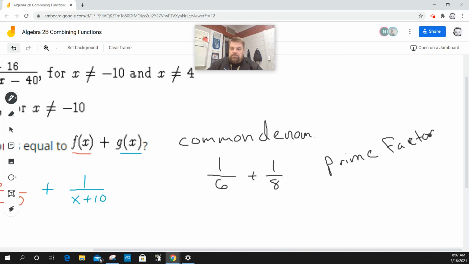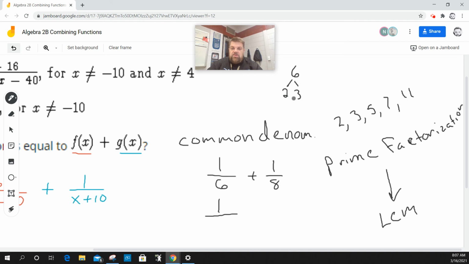Okay? Because what we want to do is find the lowest common multiple. So remember that prime factorization means that we're going to break that denominator into prime factors, right? So 2, 3, 5, 7, nothing but prime numbers. So 6 is the product of 2 times 3.